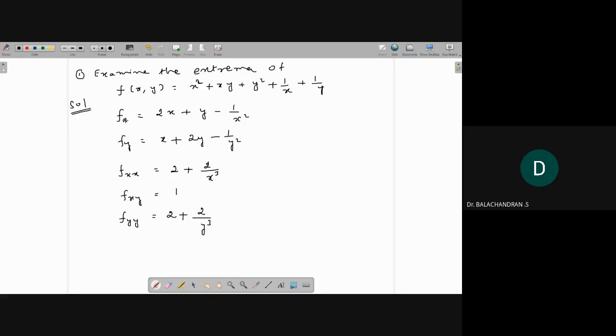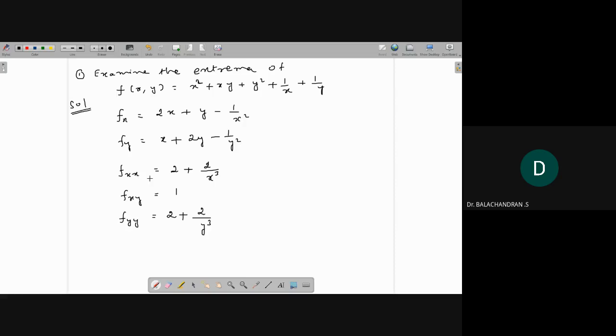Okay. So now I find fx. Fx means dou f by dou x: 2x plus y minus 1 by x square. And fy is x plus 2y minus 1 by y square.